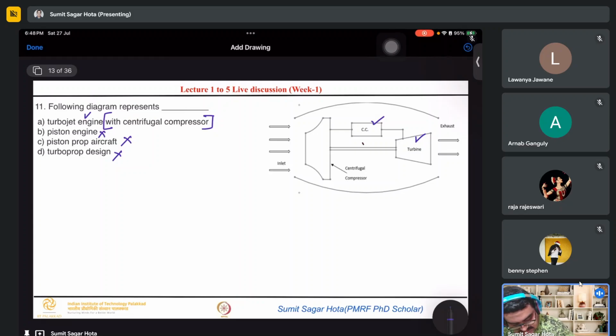Not necessarily do they mention the compressor, only with the diagram you should know. So let's write down. So the answer is here.